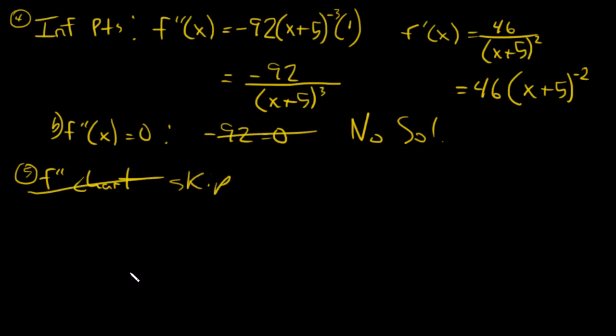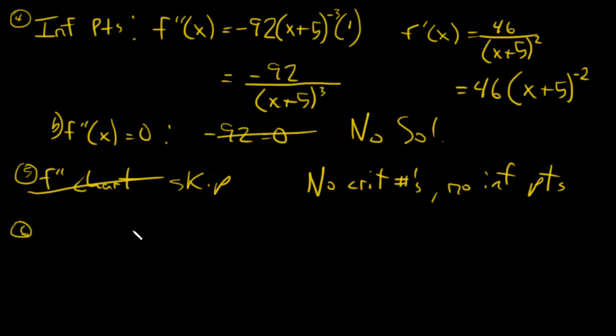You can't do anything with it. As a slight recap, I have no critical numbers and no inflection points. This is going to be a very weird graph. Step 6, I need the y values for my critical numbers and inflection points. Skip. There are none, so I can't get y values for them.